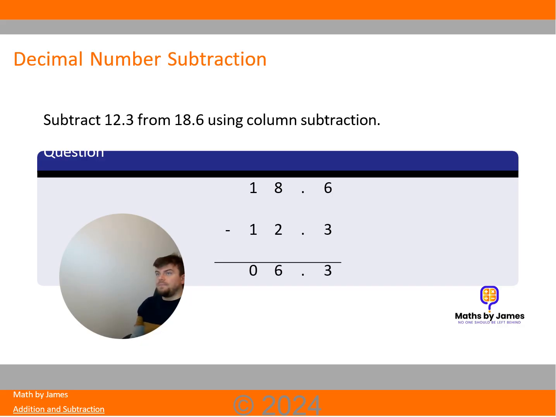So what we do here is we line up 18.6 and 12.3, and we take those away from each other. So we do 6 take away 3, which is 3, 8 take away 2, which is 6, 1 take away 1, which is 0, and this then gives us 6.3. If you do need help with that, do reach out to us. We have got a community to support you.